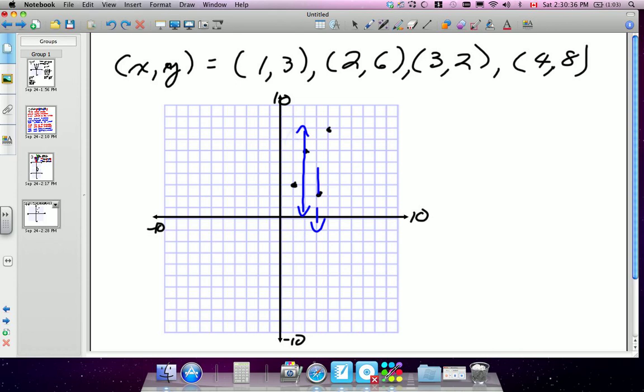No. So if a vertical line, no matter where we are, only touches 1 point, that means it is a function. So if they ask us, is this a function, we would say yes. And the reason it is a function is because it passed the vertical line test. I'll just put a little note: passed vertical line test.